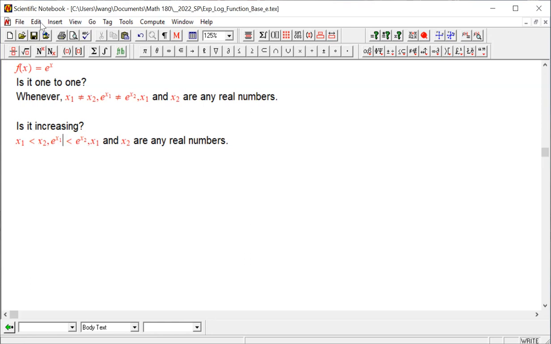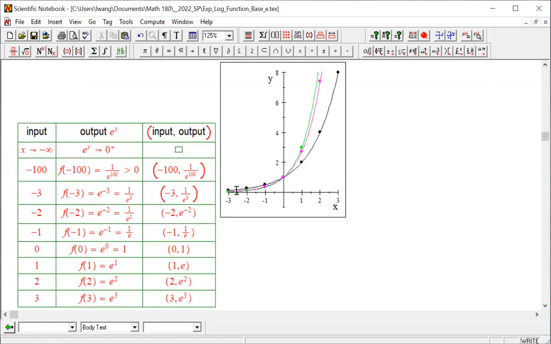Is this true whenever one input is less than the other, and their respective outputs also have the same relationship in magnitude? So that's the purple.